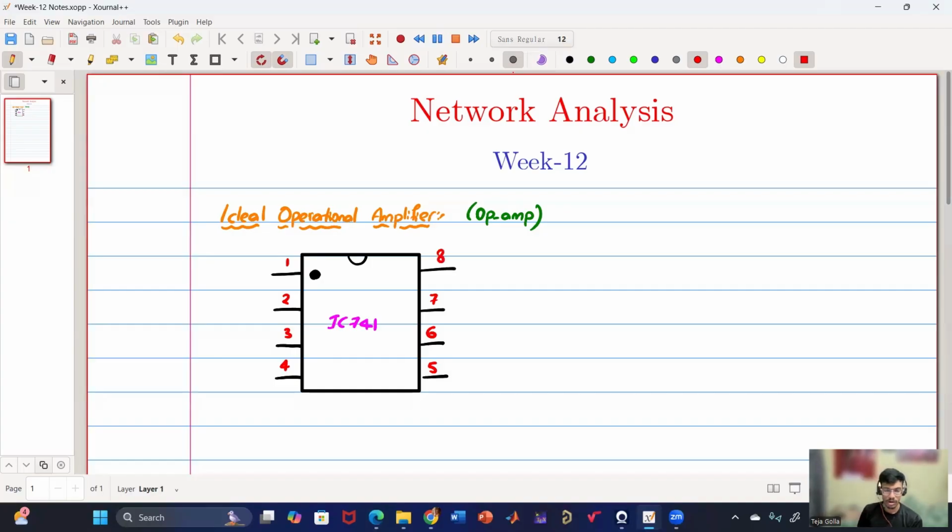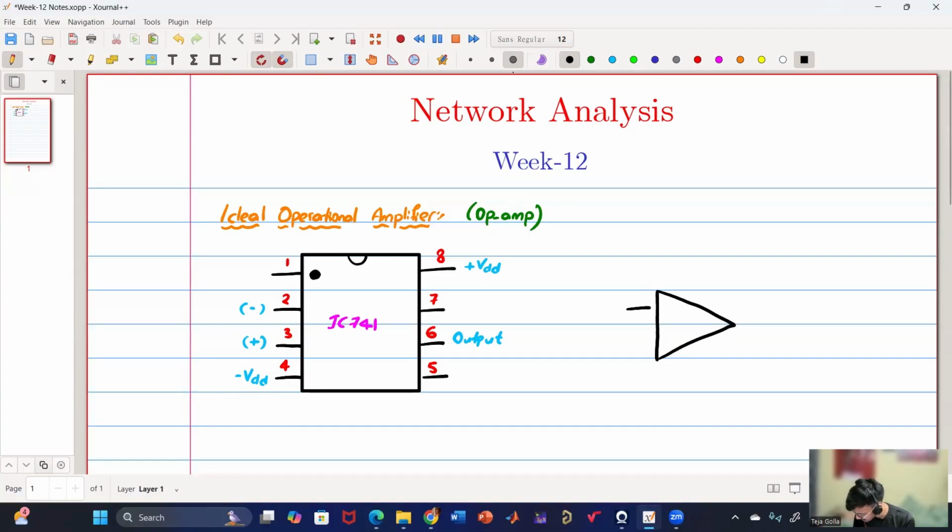Our points of interest are only a few pins: the negative input terminal, or inverting input; then minus VDD, plus VDD, and the output. We are only interested in these 5 pins, because whenever you see an op-amp, we represent it by a symbol like this.